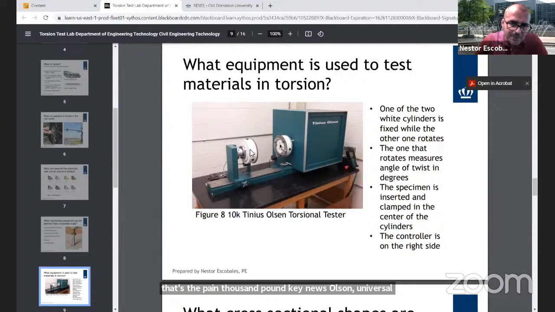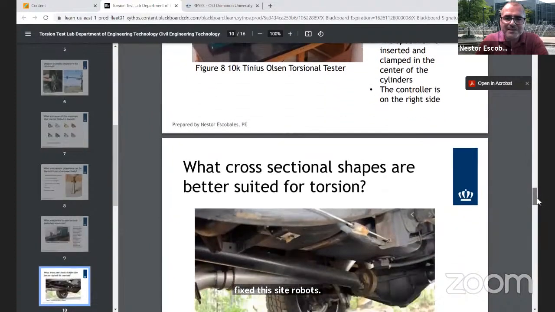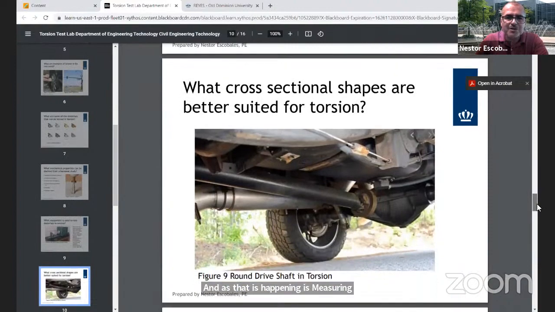You present the bar here. When you watch the 3 videos that I mentioned earlier, you're going to see all of that process. One side is fixed, the other side rotates. This side is fixed, this side rotates. And as that is happening, it is measuring the angle of twist and the force.